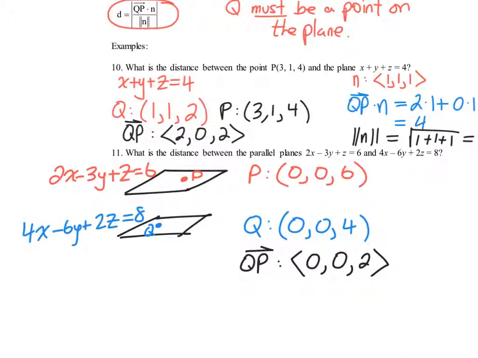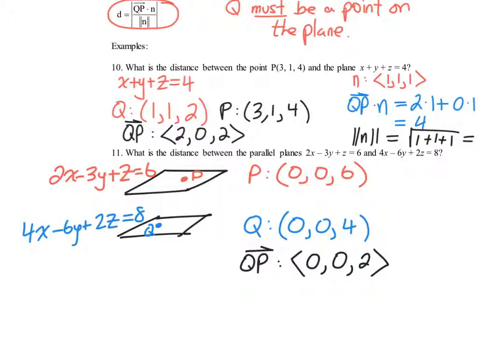The normal vector, in the previous one, it was obvious, 1, 1, 1, because they only gave us one plane equation. Here we have two plane equations. So then it becomes a question of, which plane am I looking at?